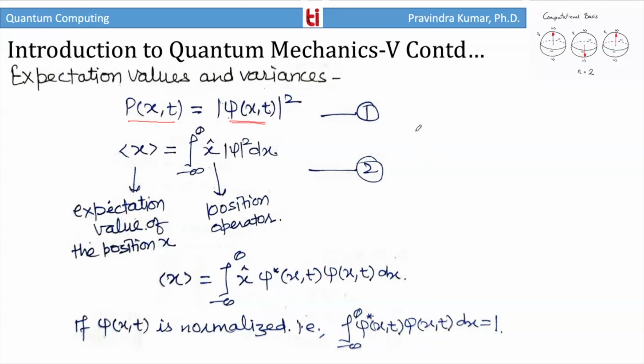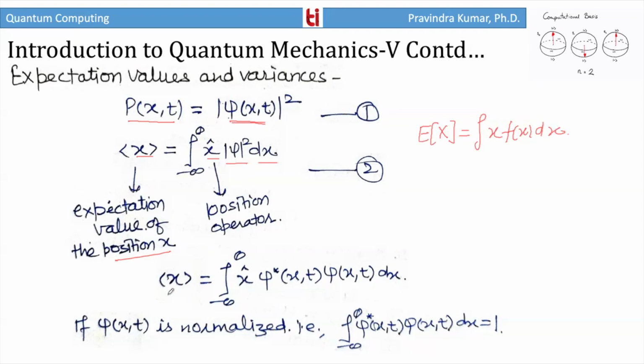And with the probability theory, the expected value of x is the integral of x f(x) dx. So the expected value of the position x is the integral of the position operator x and the probability, and the probability will be the mod square of the wave function psi, and dx.